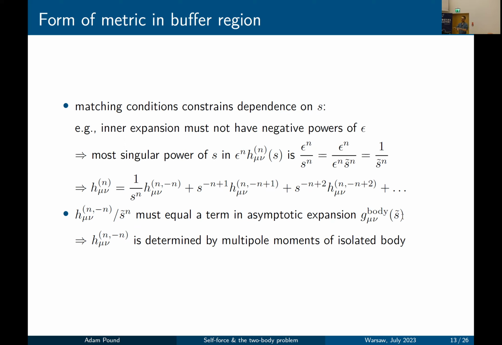If you take the body's metric and expand at large distance, you can read off the multipole moments of the space-time. It's mass, spin, quadrupole moment, etc. And what we're seeing here is that this leading term for small s in the outer expansion is determined by the multipole moments of the isolated body that's being seen in the asymptotic form of its metric. So at first order, we get the mass of the small body. At second order, we get the spin. Third order, the quadrupole moment, etc.